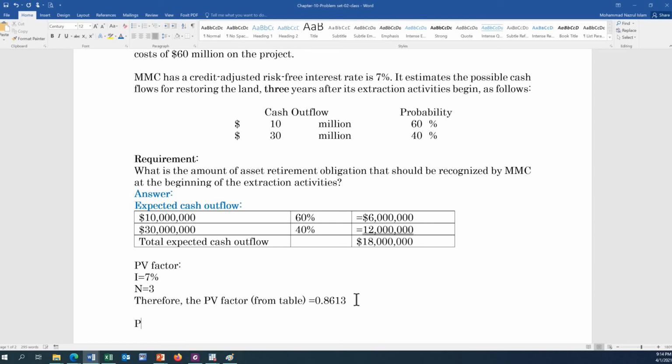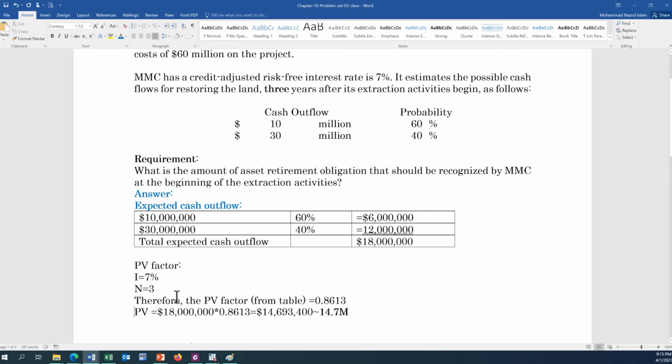Now the present value would be equal to 18 million multiplied by 0.8163, which is equal to 14,693,400, equivalent to 14.7 million.